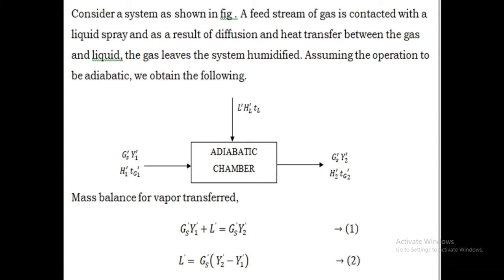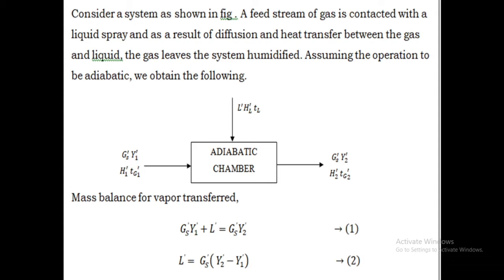So this is the adiabatic chamber. Inlet is a gas. So here inlet gas flow rate Gs', absolute humidity Y1', H1' is equal to enthalpy, Tg1' is equal to dry bulb temperature. So this feed gas contacts the liquid with flow rate L', enthalpy HL', liquid temperature TL.